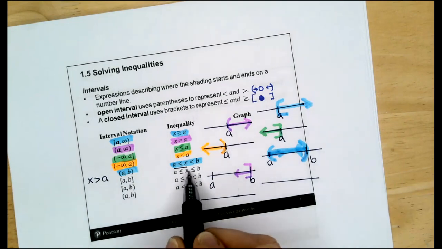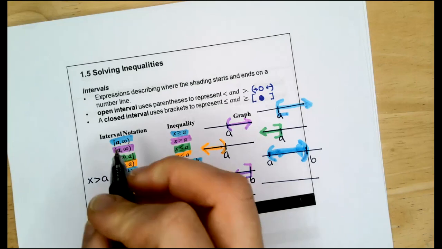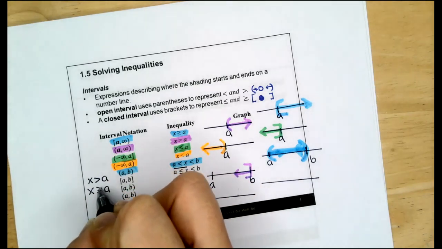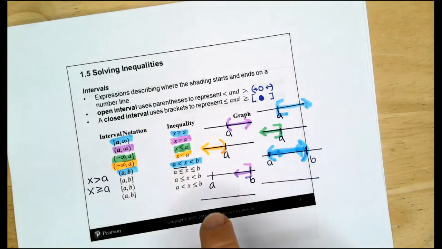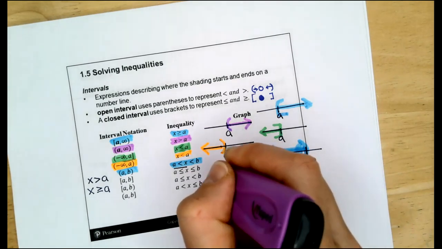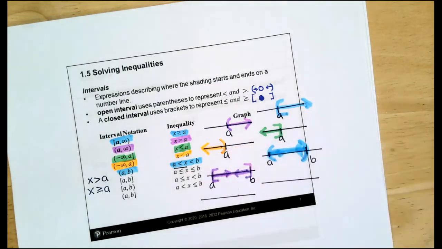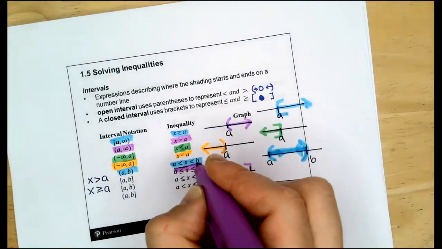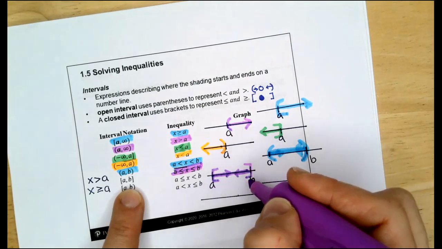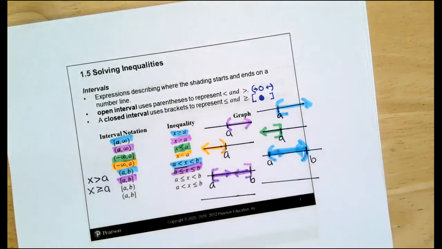X is greater than or equal to A. Because then I know my arrow needs to go that way. And I'm going to be greater than. Good. Now I write it in interval notation. Where do I begin? I begin at A with a bracket. Where do I end? I end with B at a bracket.